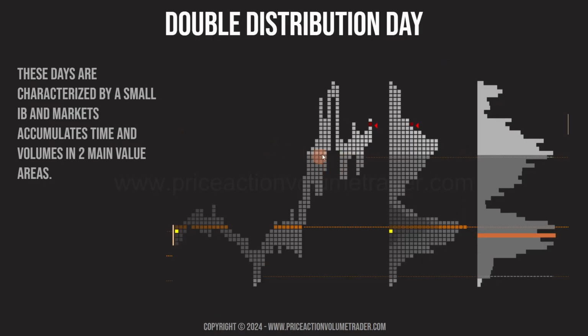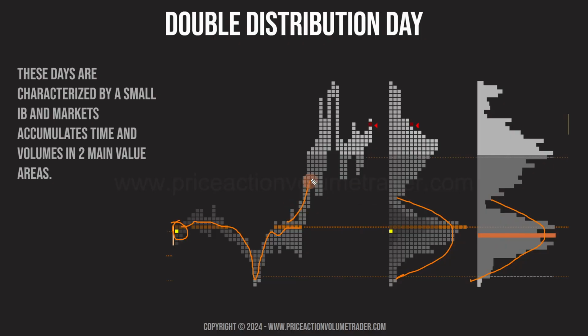This is another day. Again, these days are characterized by a small initial balance, and then we accumulate time and volumes in two main value areas. Okay, and you can see right here, this day we opened right here, came down, we're accumulating time and volume at these low areas.